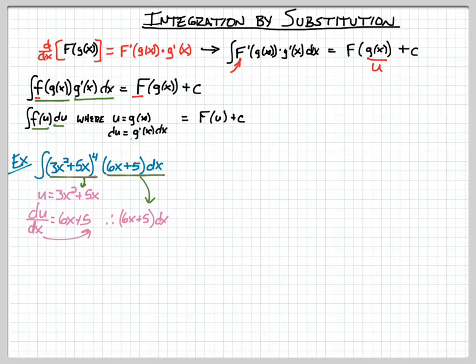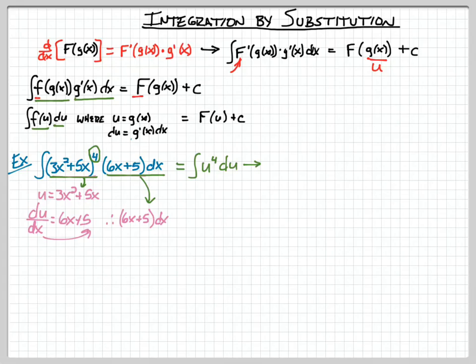I prefer the u and du, so that's what I'll be using. So this equals the integral of u to the fourth with respect to u. So 3x squared plus 5x, that's all to the fourth power, so it's u to the fourth power with respect to u.